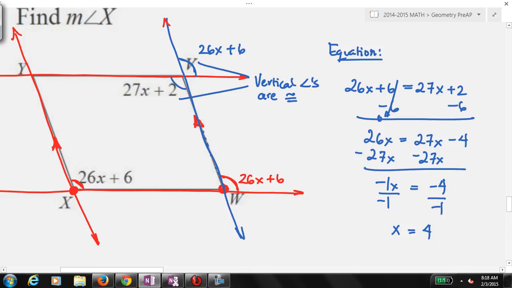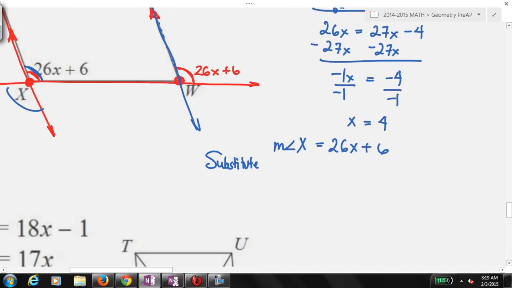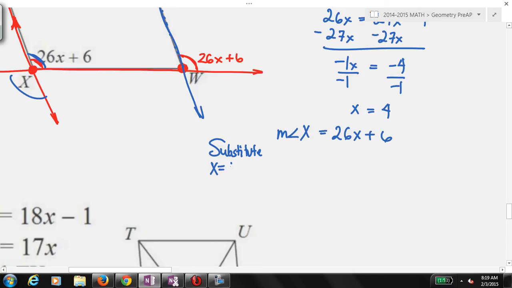We found x, but this time they wanted us to find the measurement of angle x. And angle x is this one over here, or I guess this one because they're vertical angles. So I know that measure of angle x is equal to 26x plus 6, and then just substitute x equals 4 that we found into this.